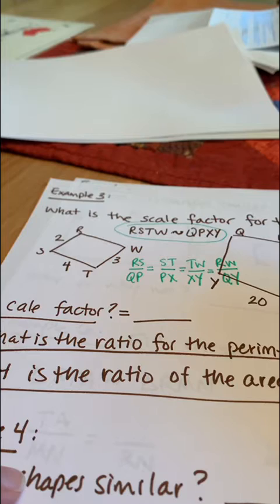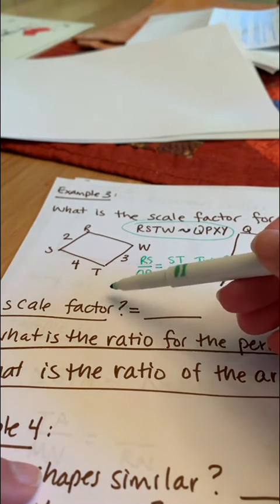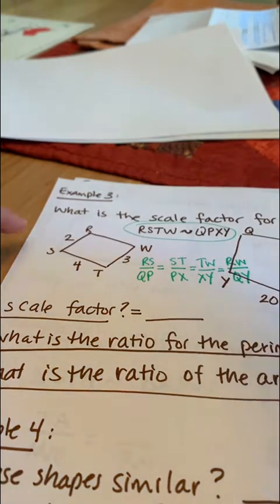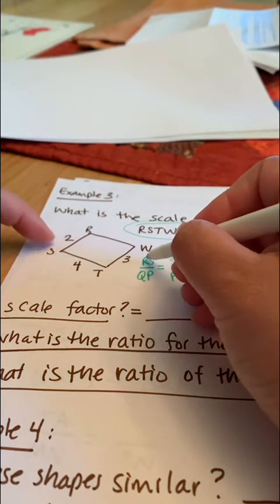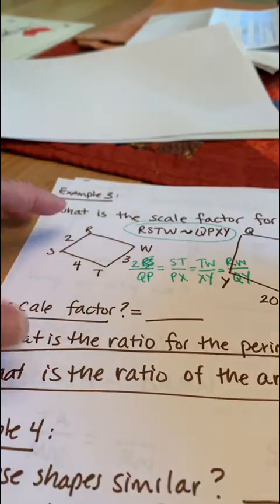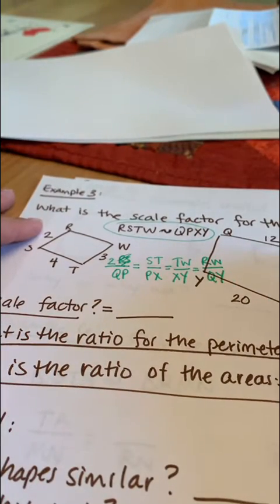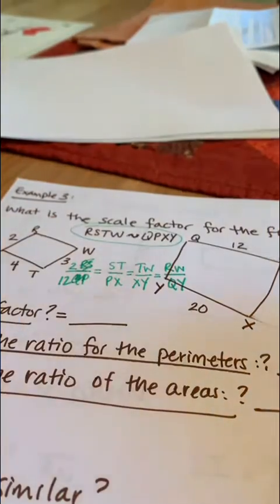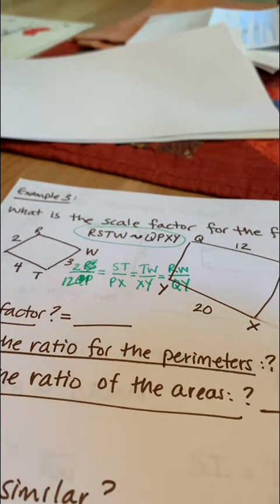Okay, so I need to find one of these fractions, the scale factor. I need to find one of these fractions where I have the top number and the bottom number. So I'm going to do it this way this time. RS I do have is 2, so I'm going to just put it there. QP, oh awesome, I do have that one too, so that's 12. Let's just check the other ones real quick.